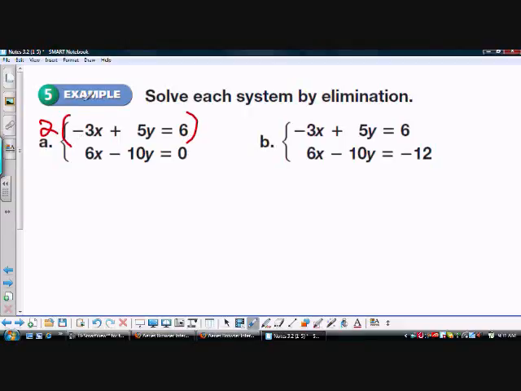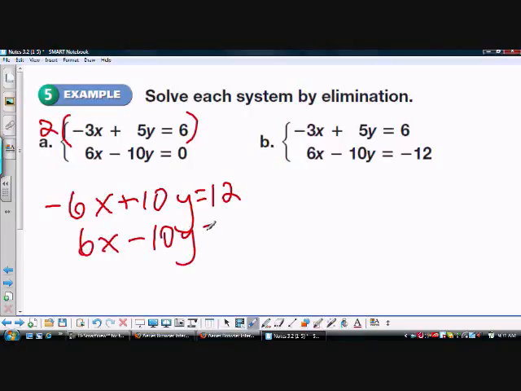that'll give me negative 6x. I won't have to multiply the second equation by anything. So negative 6x plus 10y equals 12. And 6x minus 10y equals 0. All right. Add them.